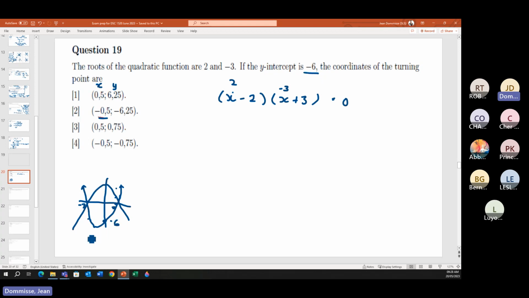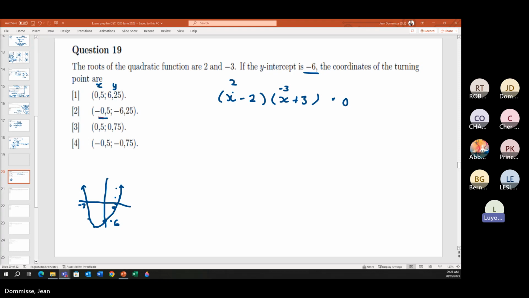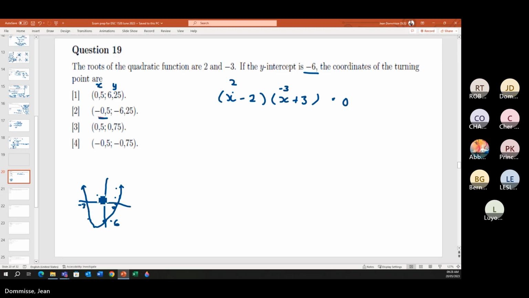So there is no way that you can draw that diagram with the positive values, because if your turning point is positive there and you've got those two roots that you need to go through, you can't also go through the minus 6 intercept.